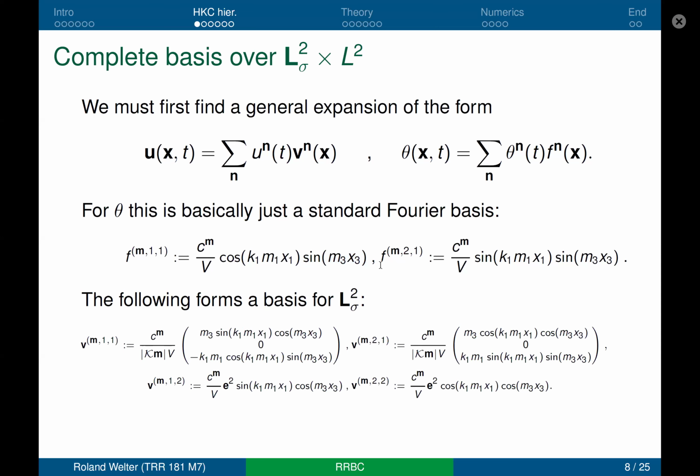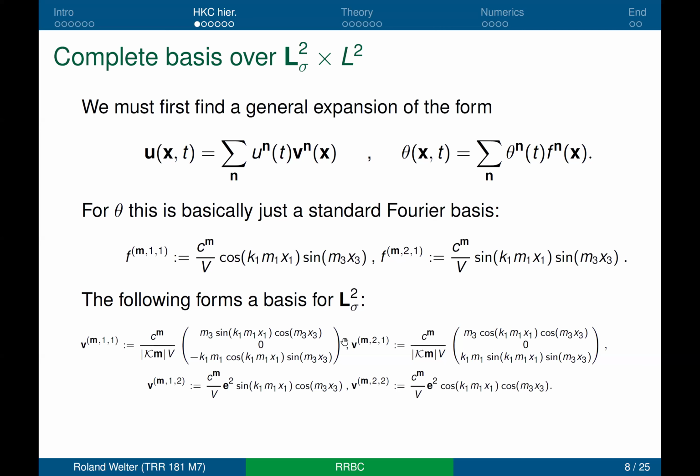For the velocity field, the general Fourier basis is a bit more difficult to find. You could expand each component of the velocity field in a sinusoid, but because of the divergence-free condition, the components can't be chosen independently.